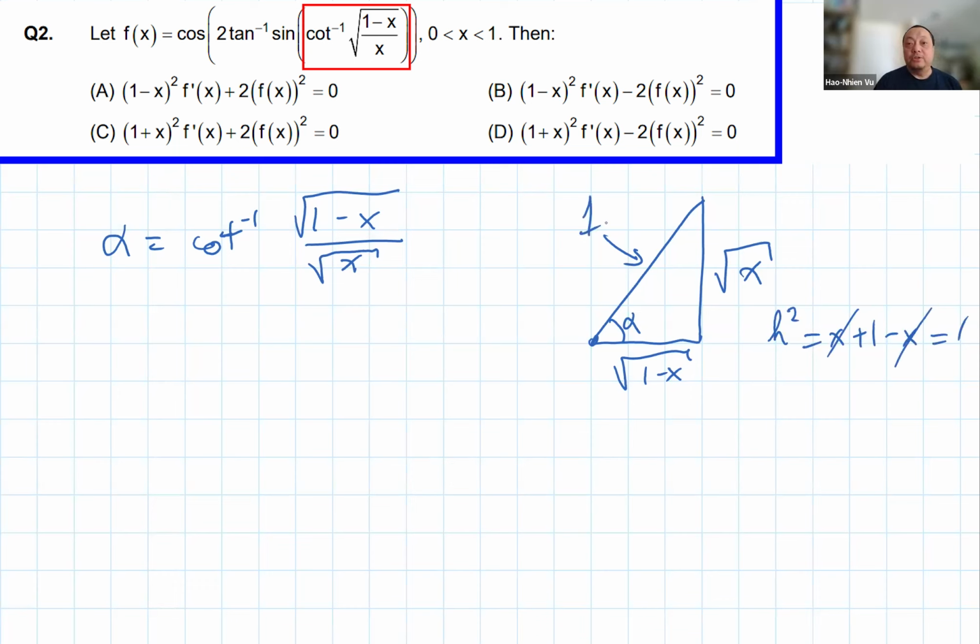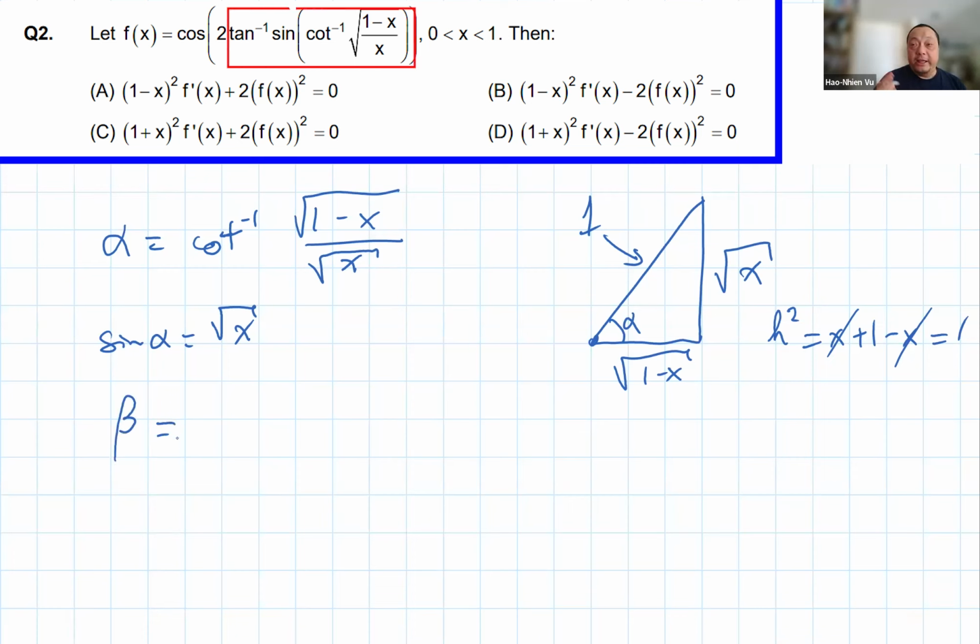So the hypotenuse is equal to 1. If that is alpha, and those are the sides, then that means we can go out one more level and get to the sine of this. Sine of alpha equals square root of x.